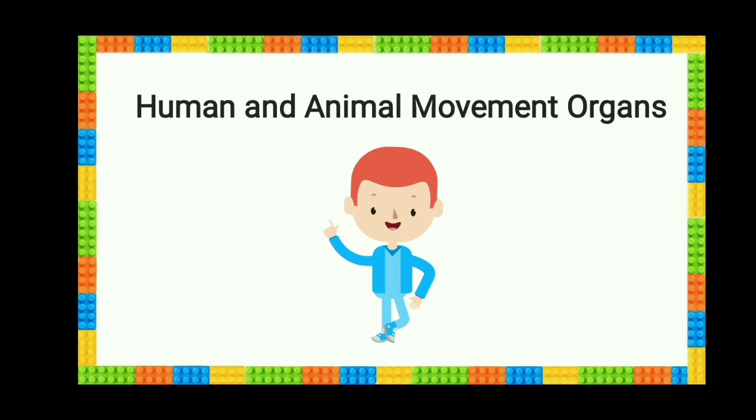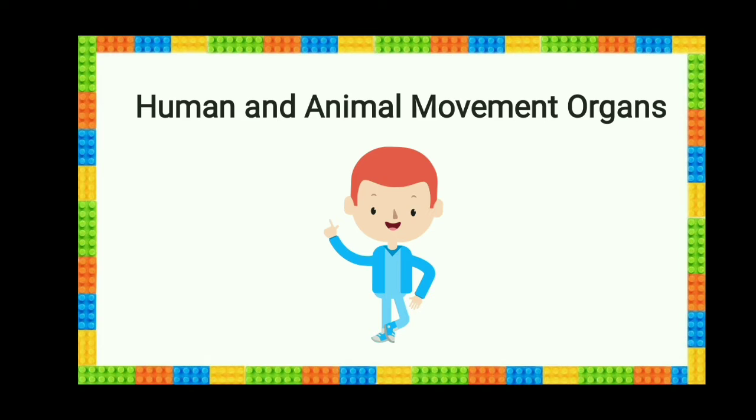Human and animal movement organs. One of the characteristics of living things is moving. In general, motion can be interpreted as switching place or a change of position of the whole or any part of the body. Living things will move when there are stimuli that hit part or all of the body.